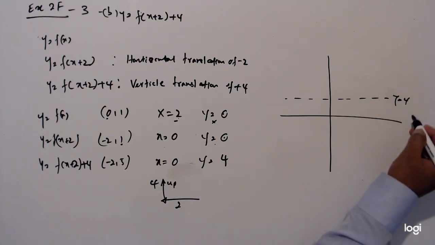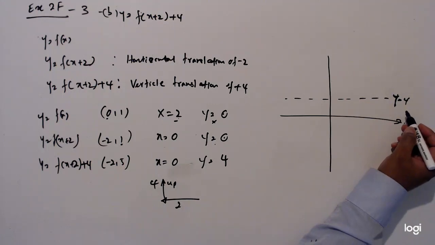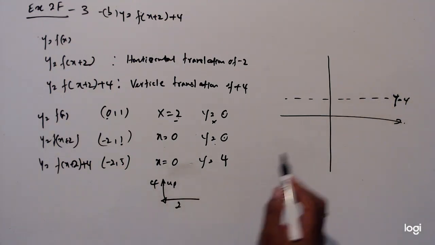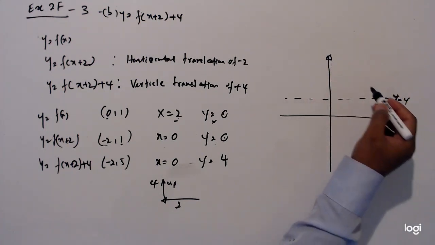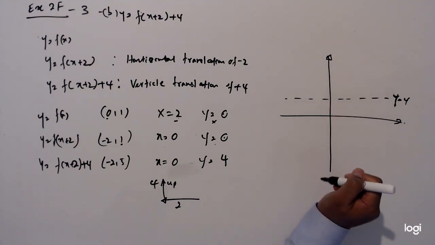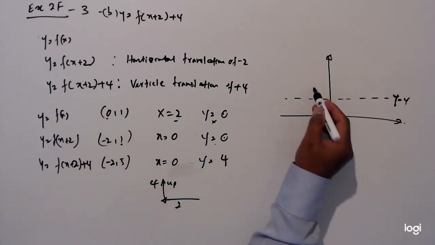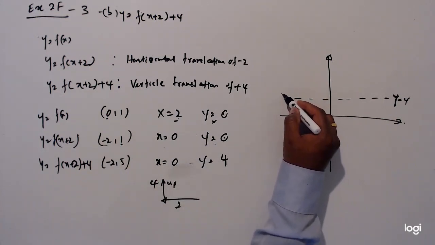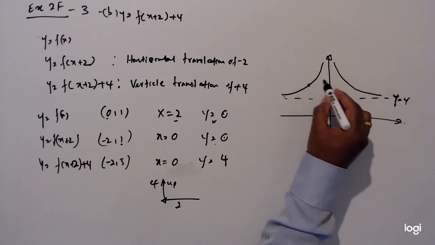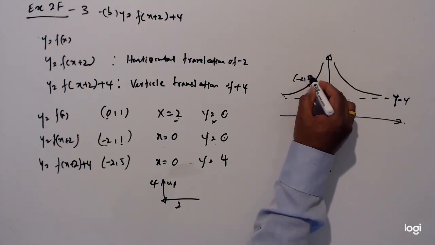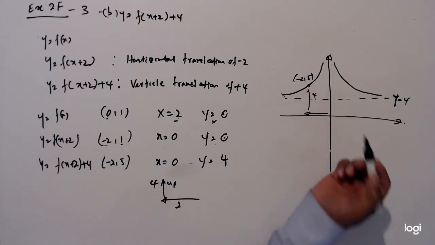This is the y equals 4 line, y equals 0 is shifted to y equals 4, and the new asymptote is x equals 0. This is the x equals 0 line, and (minus 2, 5) is somewhere here basically. This point is now (minus 2, 5), 2 units to the left, 4 units up.